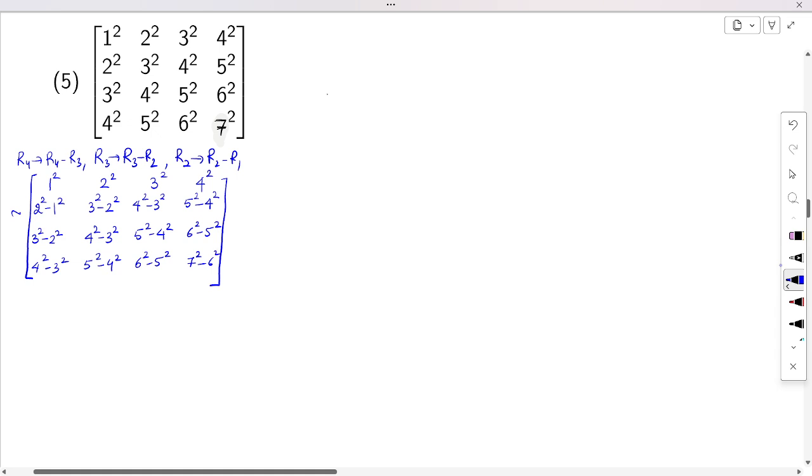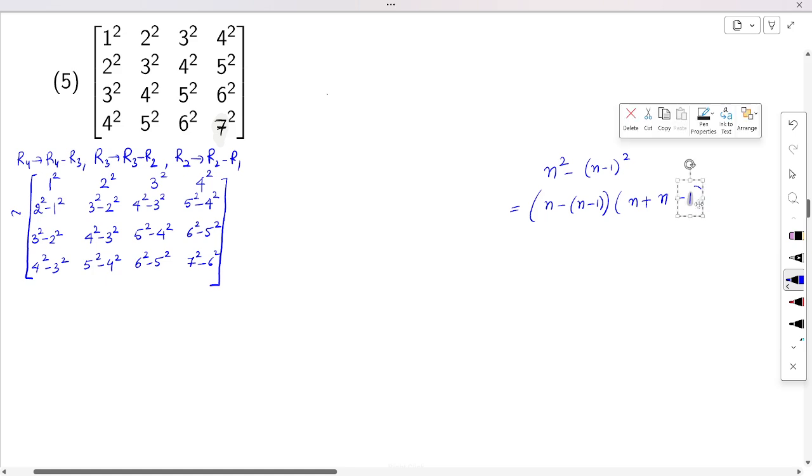Now, except the first row, in all the other rows, every entry is of the form n square minus (n minus 1) square. So basically this is (n minus (n minus 1)) times (n plus n minus 1). So this is just 1 into 2n minus 1.